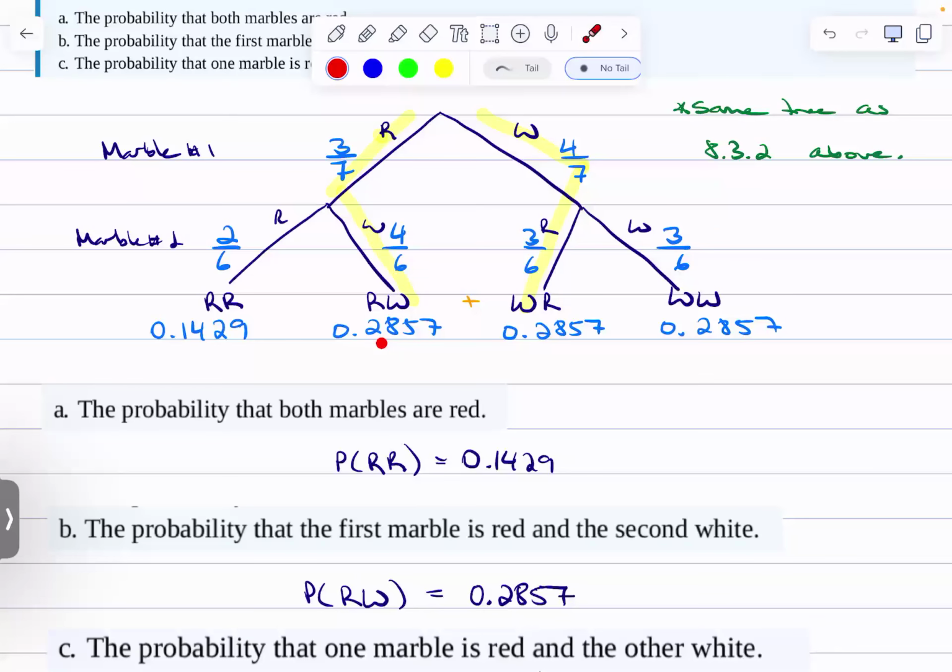So I have the probability of RW and I have the probability of WR. Now, there's no overlap here, right? The probability of both of those happening at the same time, if you're only drawing one marble and then a second marble, the probability of the overlap is going to be 0.